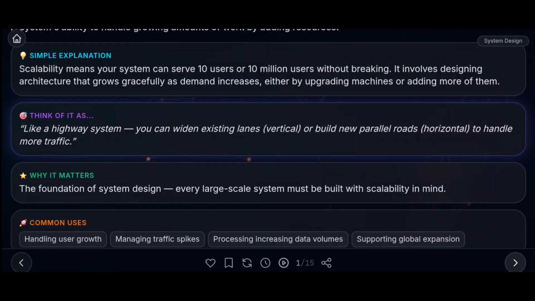Why it matters? It is the foundation of system design. Very large scale systems must be built with scalability in mind. It means if the traffic in the application increases, the system should be in a position to handle that work without breaking.